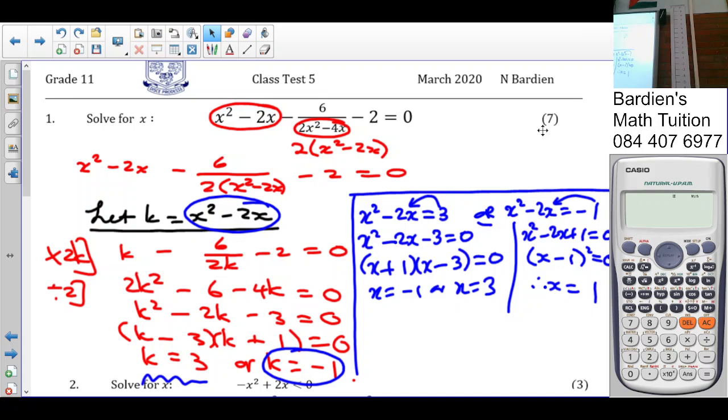Can you see the amount of work that went in for 7 marks? Some of you write one answer and then you think, yes, I answered everything. Then you think, okay, the maths is in the bag. Then you realize the bag has a hole in it. A big one.